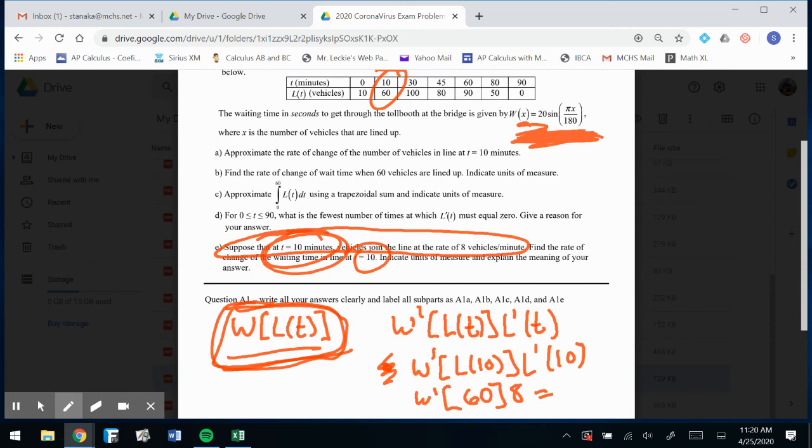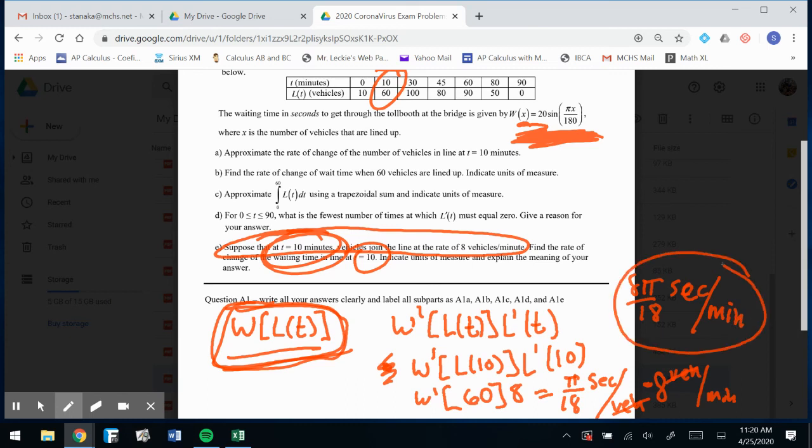If I'm not mistaken, we did W prime of 60 earlier, and that was pi over 18. Remember, that was seconds per vehicle. We're going to multiply that by 8, which is vehicles per minute. So we get 8 pi over 18 seconds per minute.